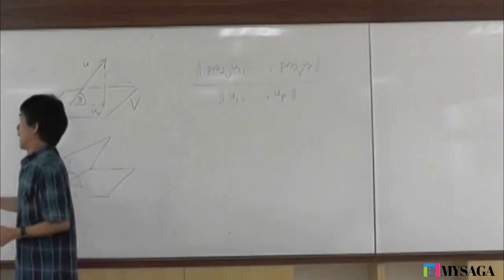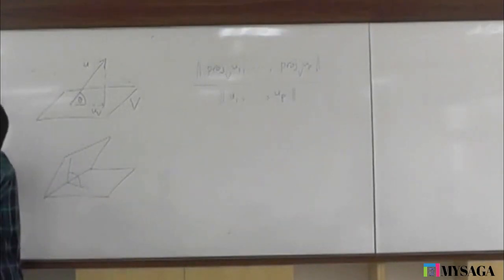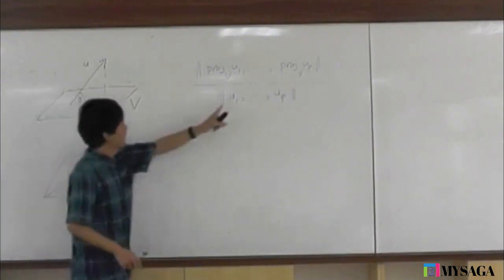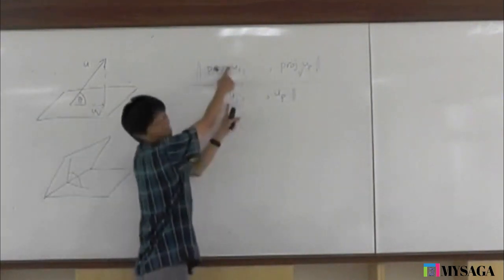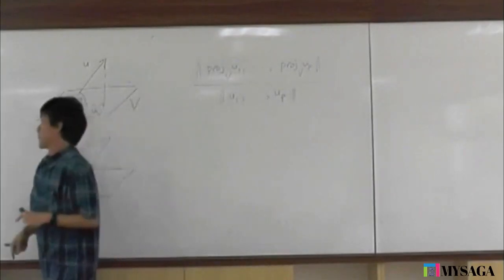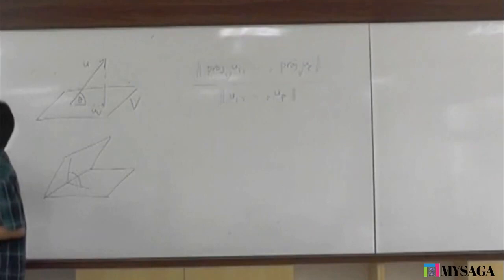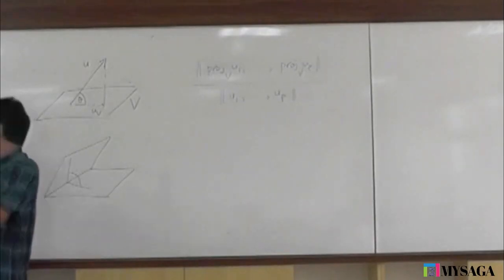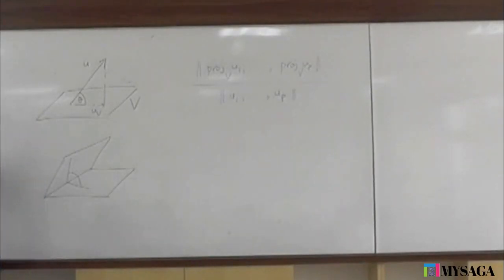Okay, and then the ratio is invariant under any change of basis for U. If you multiply this by 2, then you get also 2 there, and then 2 cancels out. Okay, and also it's invariant if you swap, you don't change, and also if you replace u_i by this.